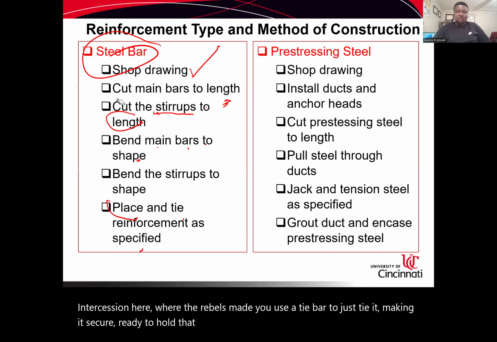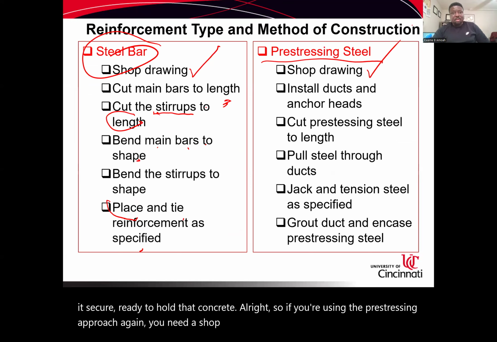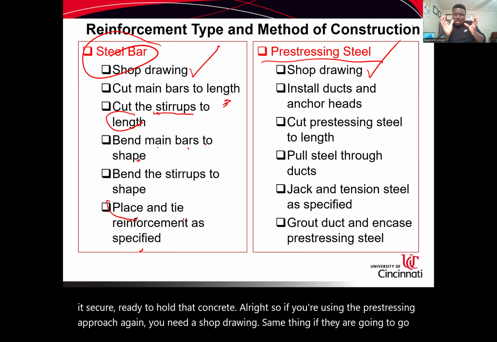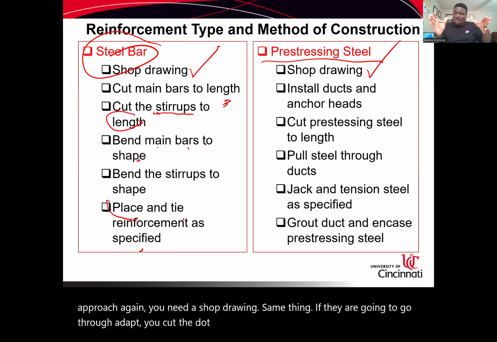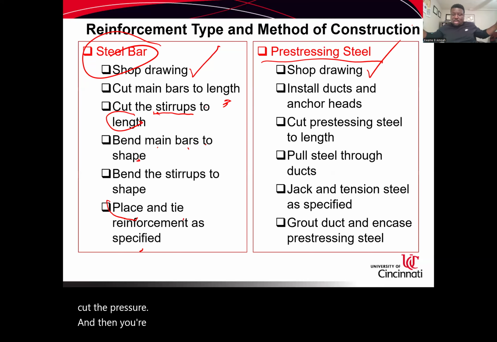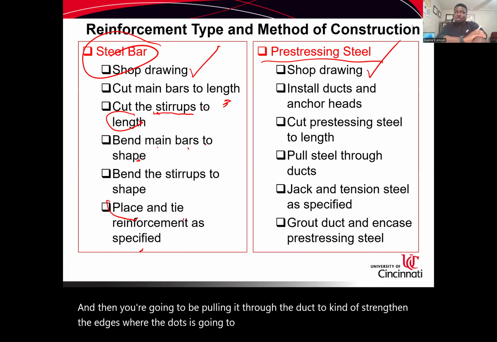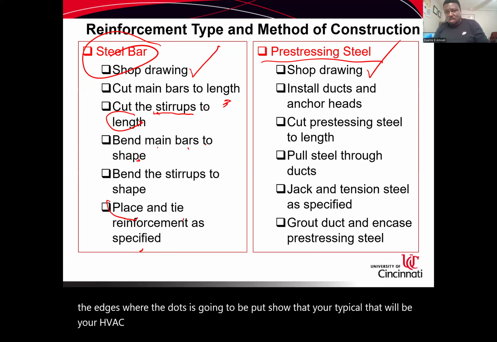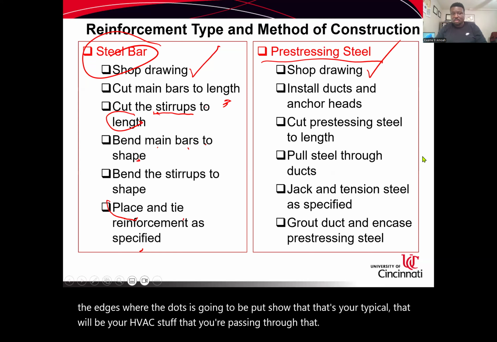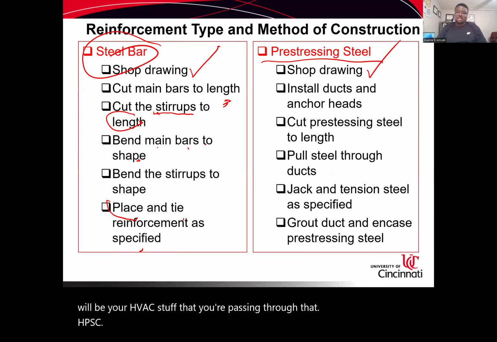All right. So if you're using the pre-stressing approach, again, you need a shop drawing. Same thing. If they are going to go through a duct, you cut the duct and the anchor head so that it fits into that. You cut the pre-stressed steel, and then you're going to be pulling it through the duct to strengthen the edges where the duct is going to be put. Your typical duct will be your HVAC, the air conditioning and heating stuff that you're passing into those spaces.